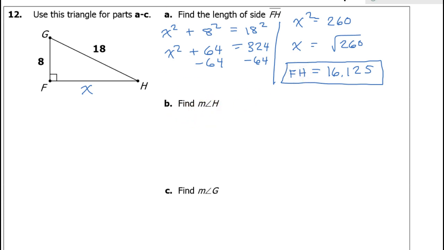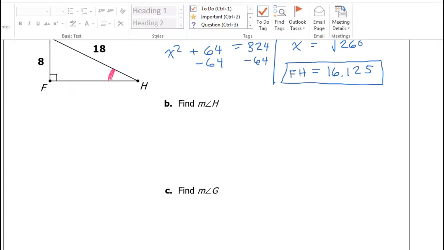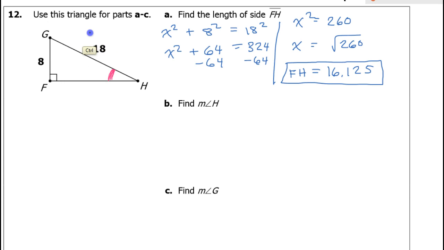Okay. Now we need to find the measure of angle H. Angle H is right here. So focus your eyes on that guy, people. Now, we can label the triangle starting with the hypotenuse.